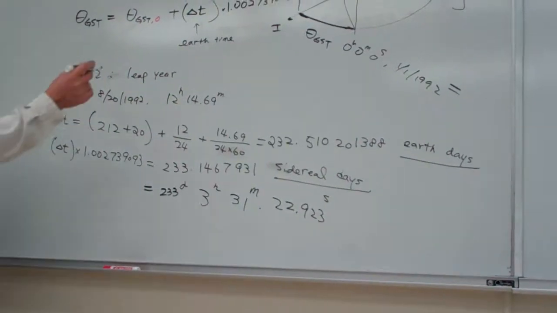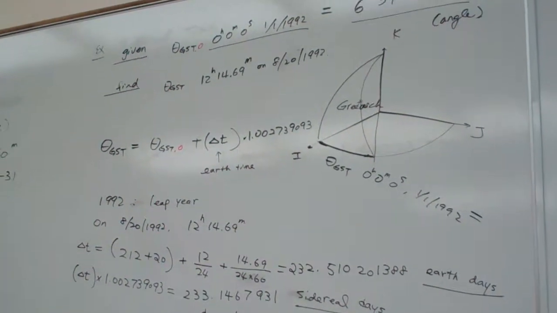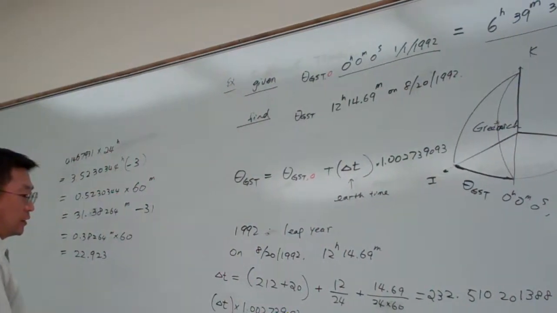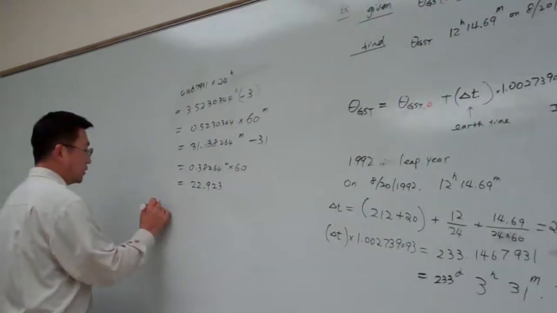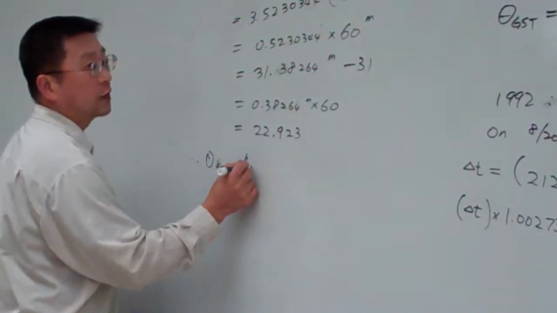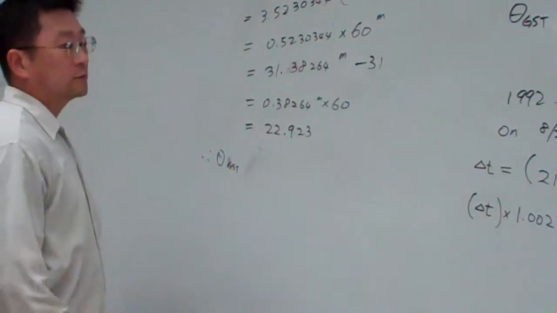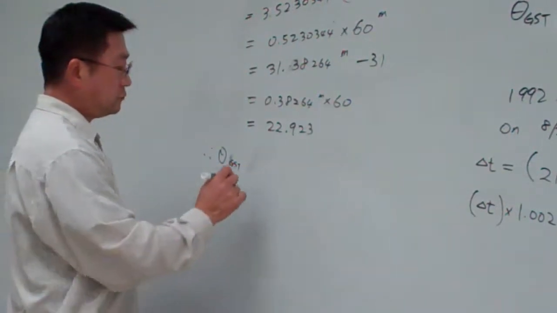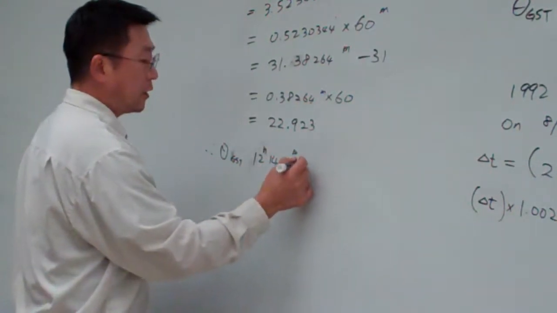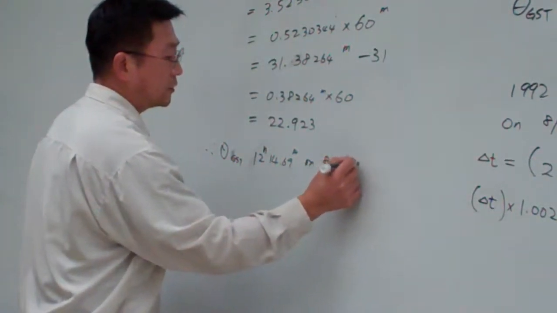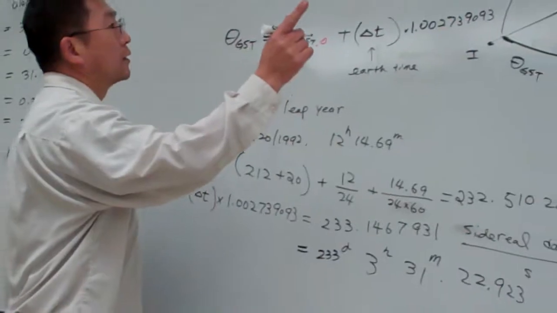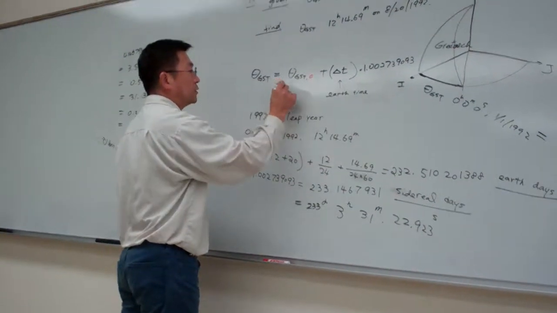So right now I converted into this form. Why? Because the GST and the reference we are given are in this form. So therefore, the GST on October 20th, 1992, at 12 hours, 14.96 minutes, is basically, we put into this one, what is this number?